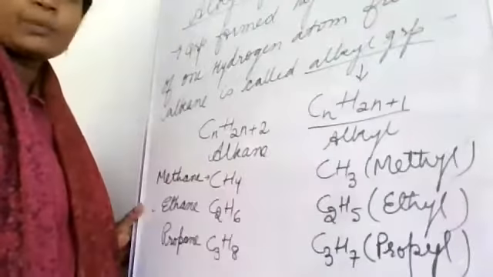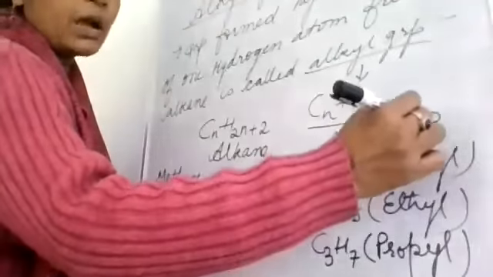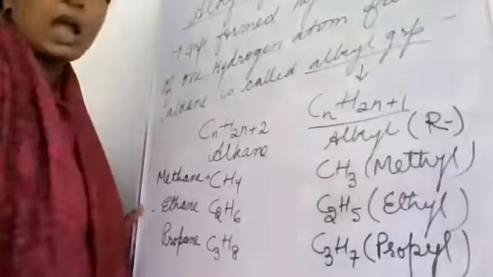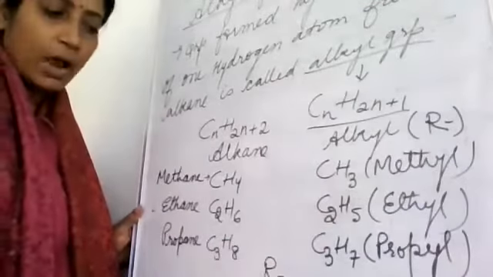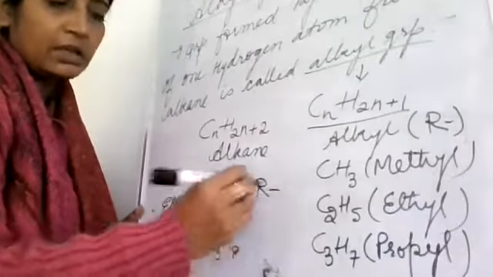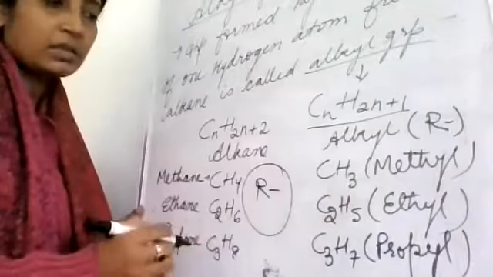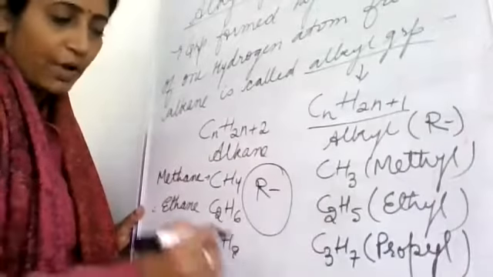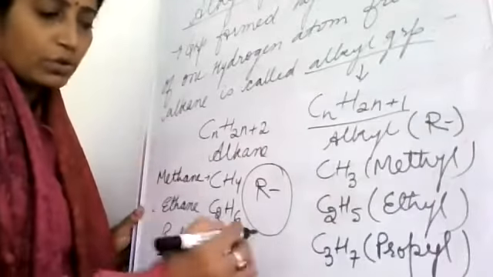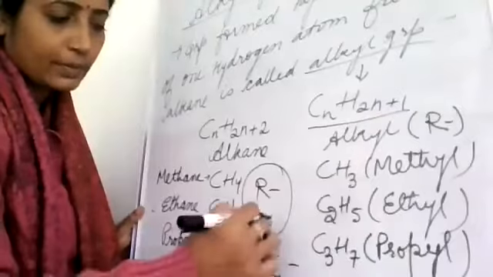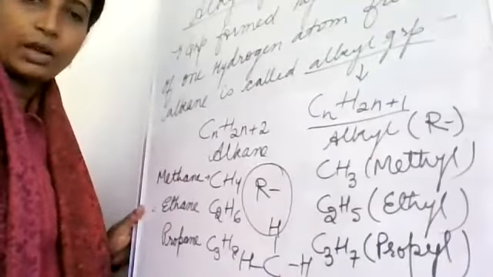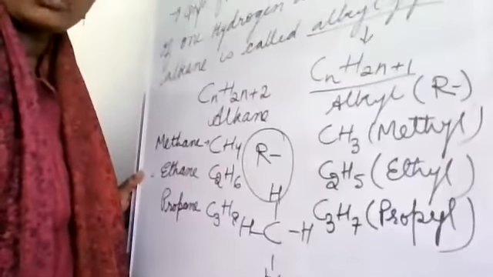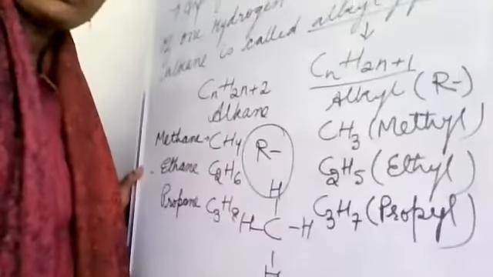And how is alkyl represented? Alkyl is represented by R dash. Why am I writing R and dash? Why is it like this? Because if I take the example of methane, methane means H H H. But when we have to make methyl, what will happen?